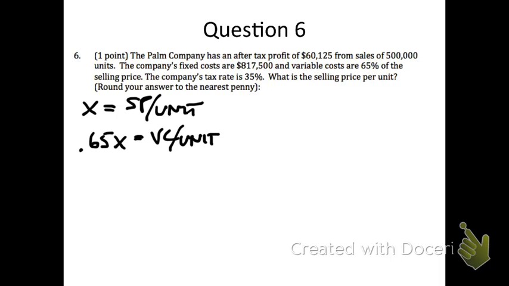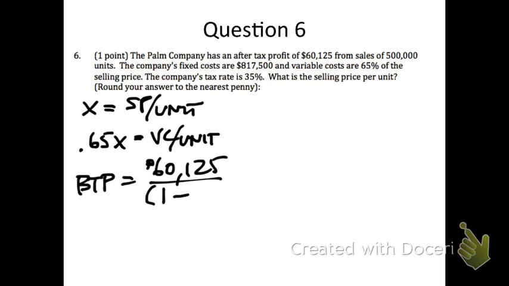And if we have an after-tax profit of 60,125, our before-tax profit is going to be 60,125 divided by 1 minus the tax rate. And so our before-tax profit, calculate that out, is 92,500. Now we can go to our operating income equation.